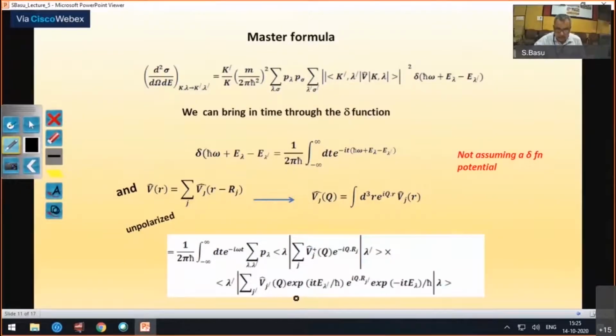Please notice this term. This is known as the time operator. This gives the time evolution of the operator. If I mean this position as an operator, the time evolution of an operator. Why so? I'll just quickly explain to you.